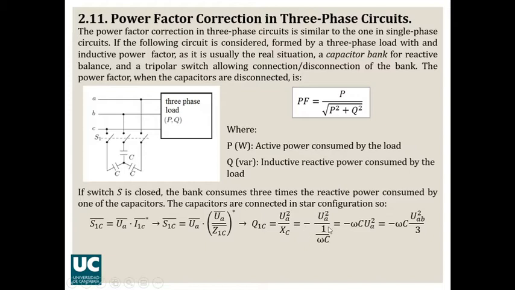So if you introduce here the absolute value of the reactance of a capacitor, which is 1 divided by the angular velocity and the capacitance, then you will get to this expression for the reactive power of one of the capacitors connected in star. So it is minus the angular velocity multiplied by the capacitance and the square of the phase voltage.